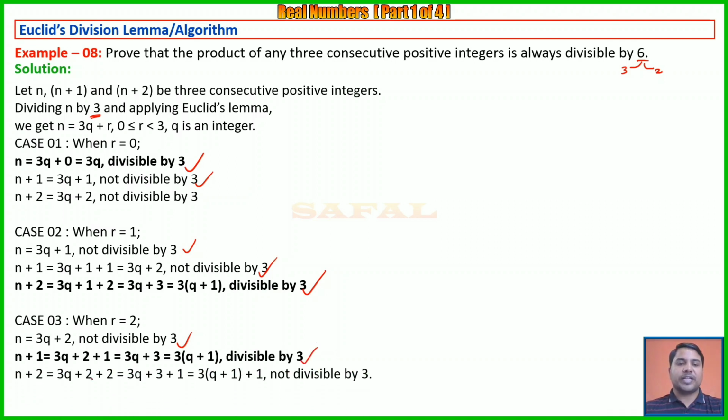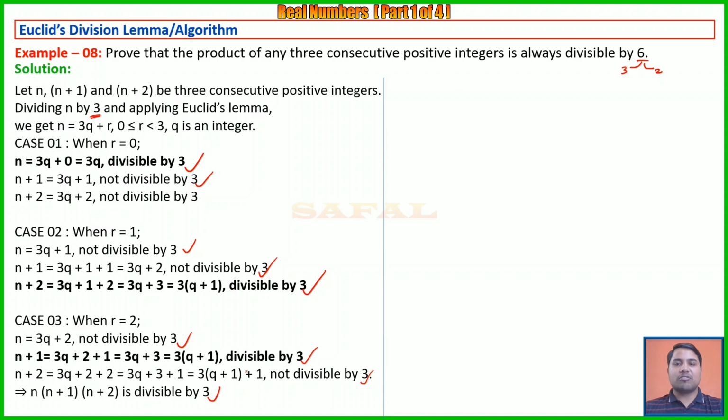Again n plus 2 if you take, so 3q plus 2 plus 2, so 3 times of q plus 1 plus 1, so here I can see not divisible by what? 3. So that means irrespective of the case where r is 0, r is 1 and r is 2, one number out of the three is divisible by 3. So that means the product n into n plus 1 into n plus 2 is going to be divisible by 3.